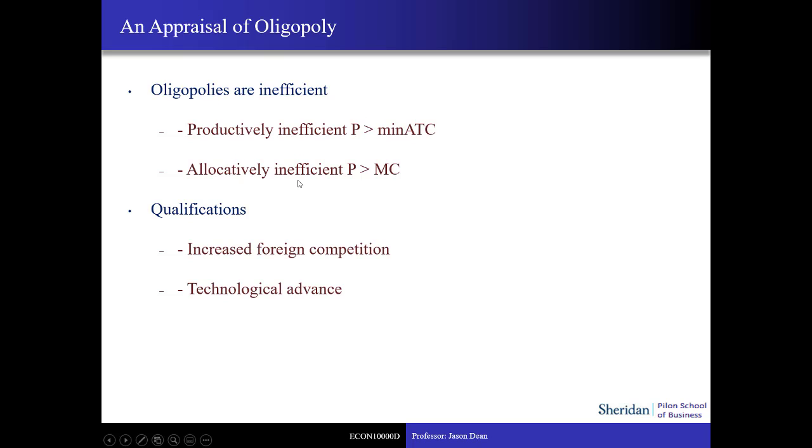But we don't really prove this. Some things that could help in this regard are an increase in foreign competition, and also oligopolies, since they have a large market share and are profitable, can afford to invest in research and development and things like that, which could be a positive thing for society.